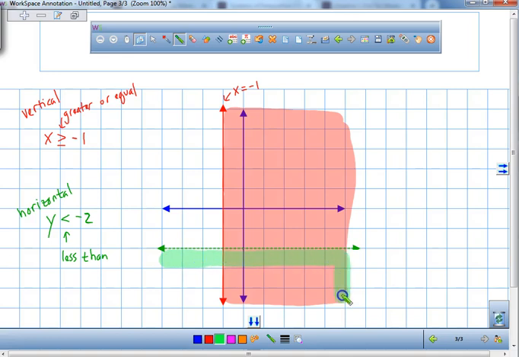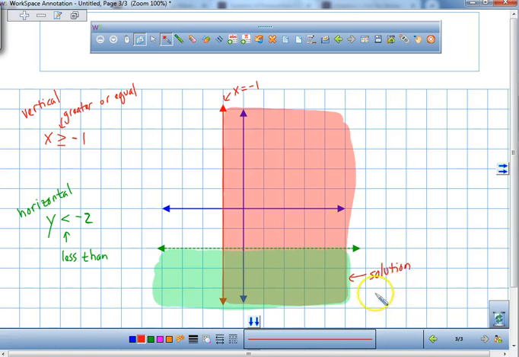Now, as I'm shading it, can everybody see where the solution region would end up? Okay, everybody see the darkest region right there? So if you want to, you could say, hey, right in this area is what's called the solution region. All right, there's the solution region.